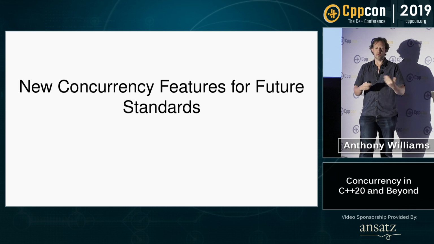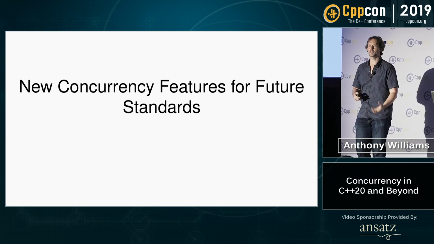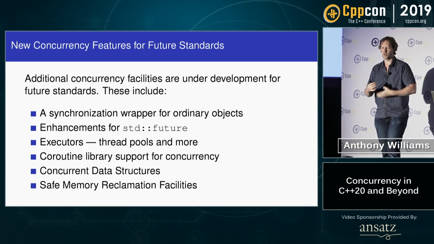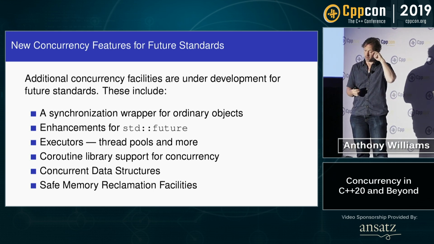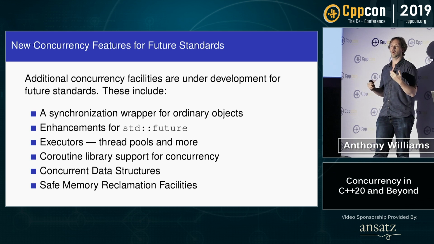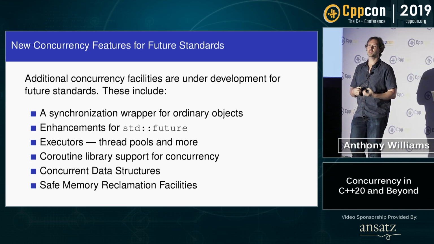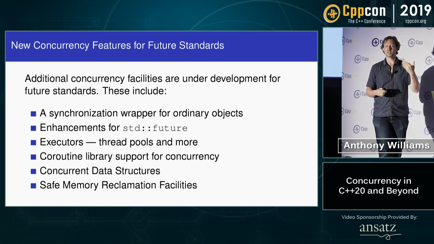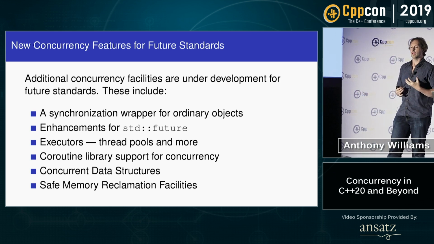Okay, so that's what we've got in C++20. So what about future standards? Well, there's lots that we could have, so I'm only going to talk about a few things. There's a synchronization wrapper for ordinary objects, which I'm quite excited about, partly because I wrote the proposal. There's some enhancements for standard future.